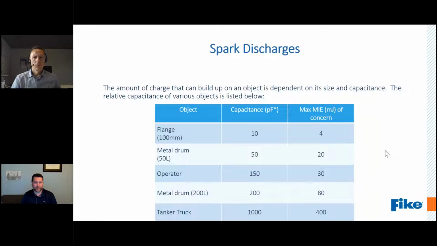So if you know you're handling combustible dusts that are less than 30 millijoules, then you need to consider grounding on that operator, be it grounding straps on the person or conductive footwear, anti-static flooring, something like that to control those static risks. Then you go all the way down to tanker trucks, something much bigger, which is going to be able to ignite just about any combustible dust. So size matters on where it will ignite the combustible dust. Again, the flammable gases and vapors are much more easily ignited, to where any of these can be a concern.